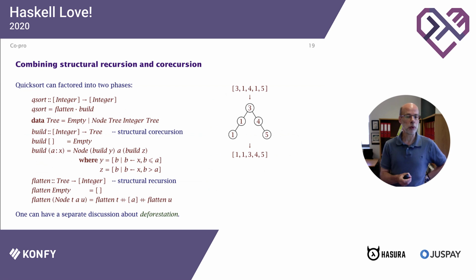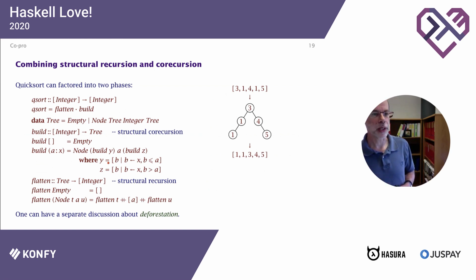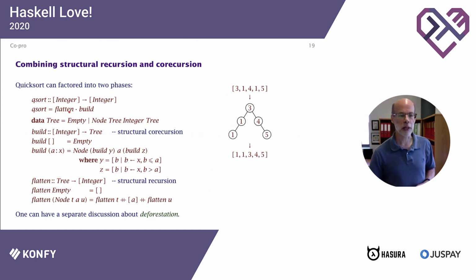Perhaps it's easier to see what's going on if you make it less dense, if you write a longer program that makes explicit more of the structure in the program. So really, quicksort is tree structured, and you can make that explicit by factoring quicksort into 2 phases, a build phase followed by a flatten phase. Build grows a tree from the input list, and flatten turns a tree back into the output list.